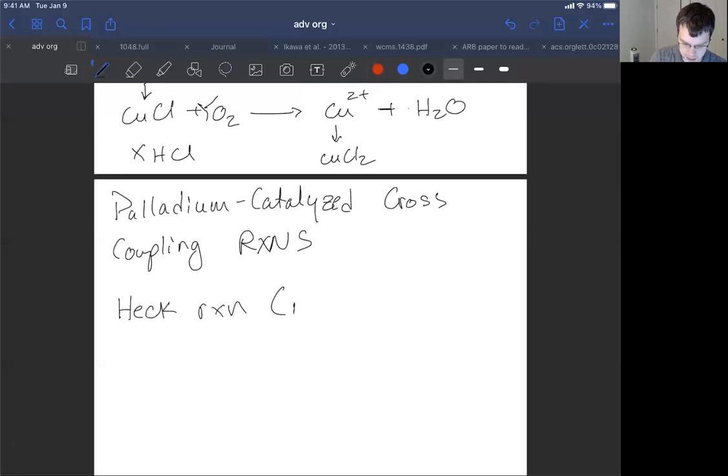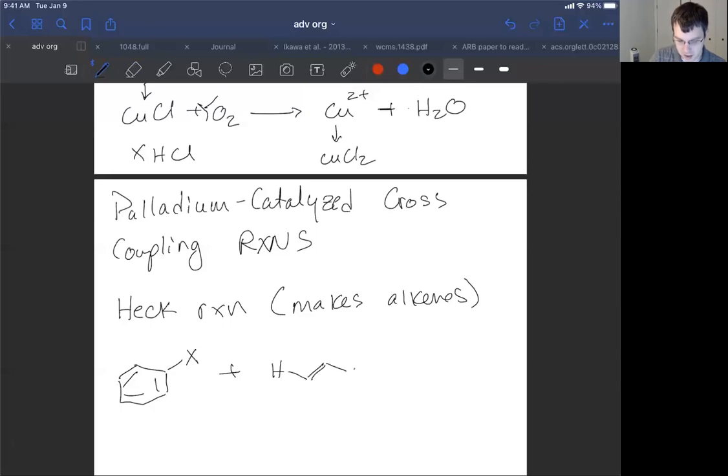The Heck reaction makes alkenes. If we're going to make alkenes, we're going to rely on a beta hydride elimination. But all these reactions kind of start the same. We take an aryl halide and mash it with something else. In this case, the reactant is a terminal alkene.